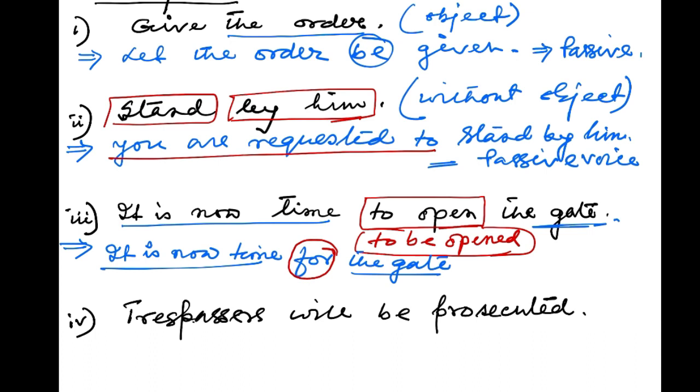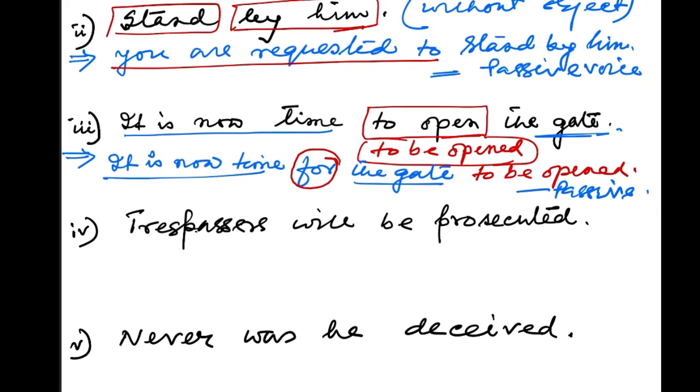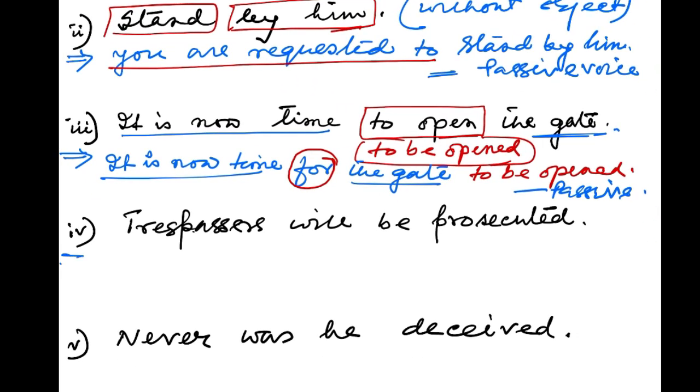So it is now time for the gate to be opened. So this is the passive voice of this. It is now time to open the gate, and your passive voice will be, it is now time for the gate to be opened.